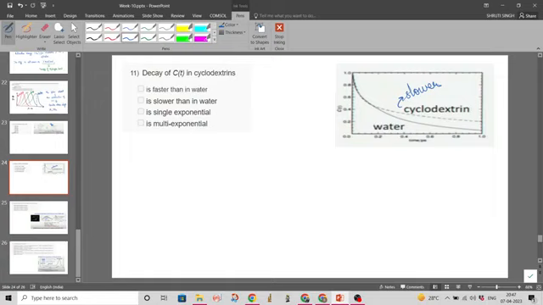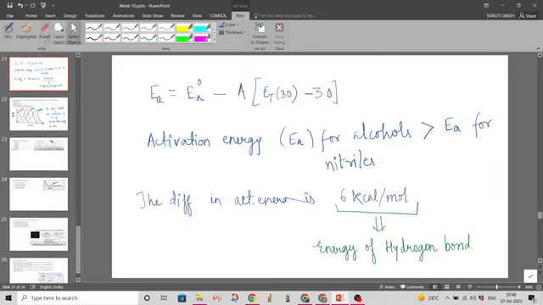And does it seem to be single exponential? Not at all. Here it is 1, here it is 1. So it seems multi-exponential, or it can be tri-exponential also, 1, 2 and 3.